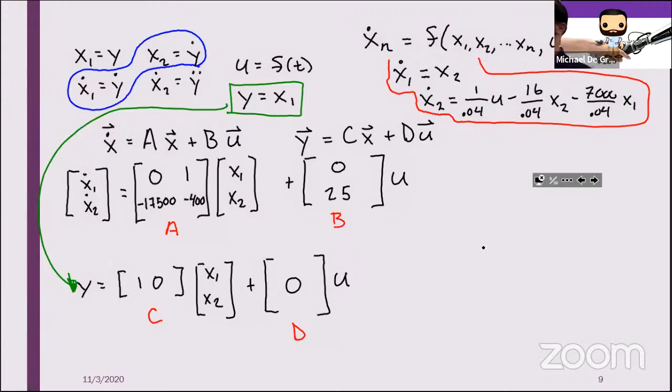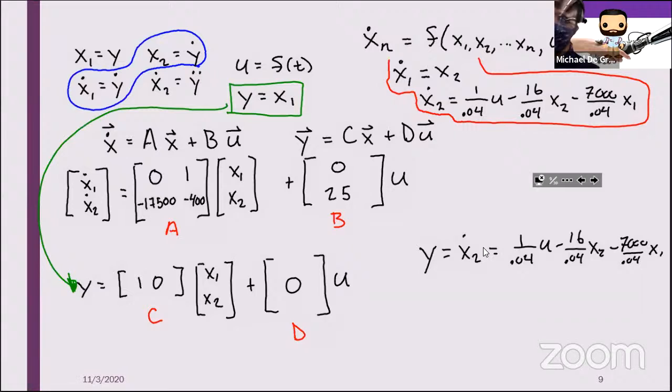If y was equal to x dot 2, how would we do that? Well, check this out. Isn't x dot 2 just that? So you're just going to plug this in for that y matrix, or essentially, you're using the bottom row of your state equation.